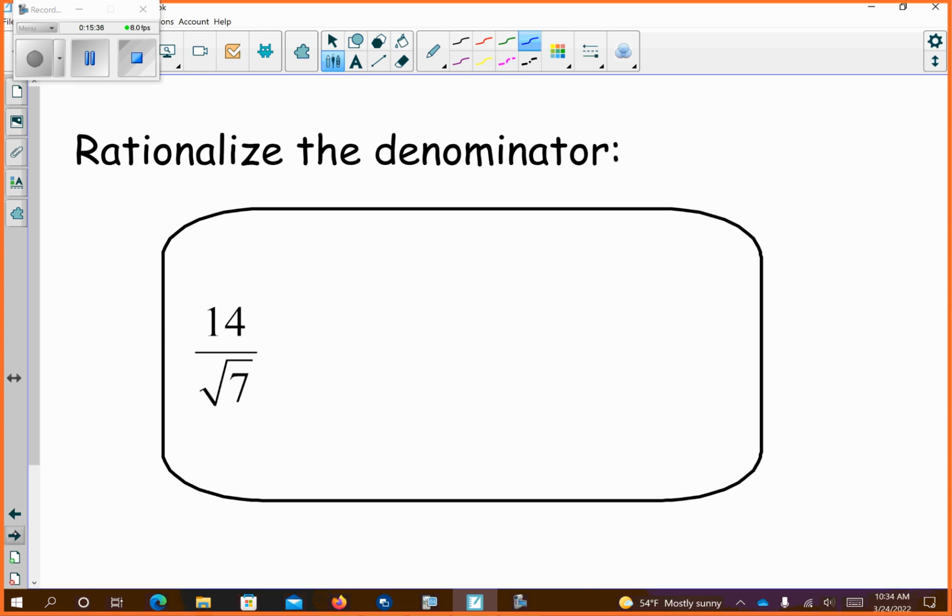So with the same thought process that I just did, what do you think I should multiply the top and bottom by? 7. Close. Root 7. Good. So multiply the top and bottom by root 7 and root 7. Okay? Hey, what's root 7 times root 7? Just 7. Okay? And then on top, I get 14 times root 7, which is 14 root 7.